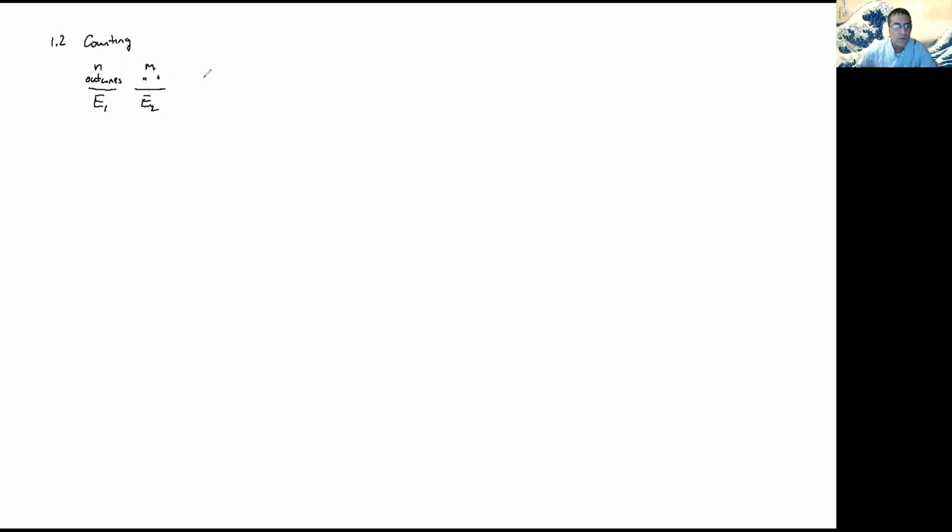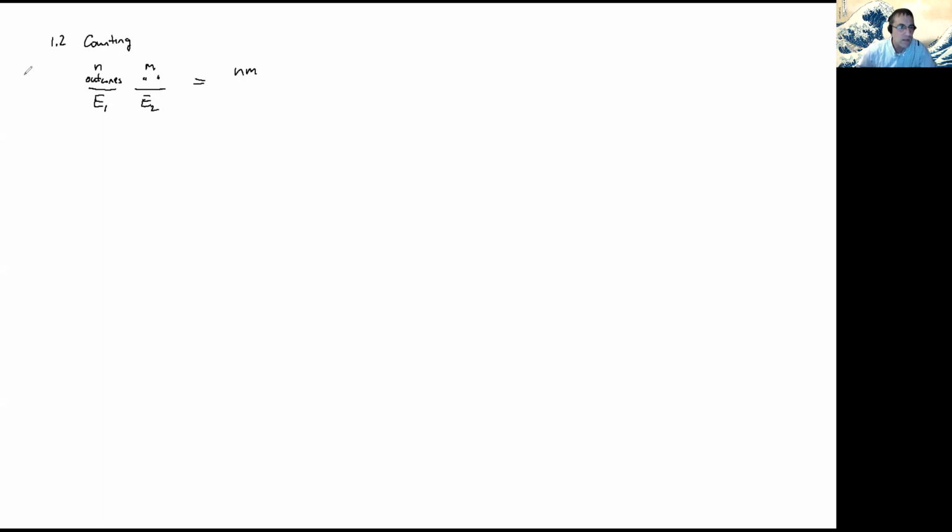So what are the number of possible total outcomes of performing both experiments? Well, for each time we perform E1, there are m possibilities for outcomes for E2. So you see that it's got to be a product. It's got to be n times m.